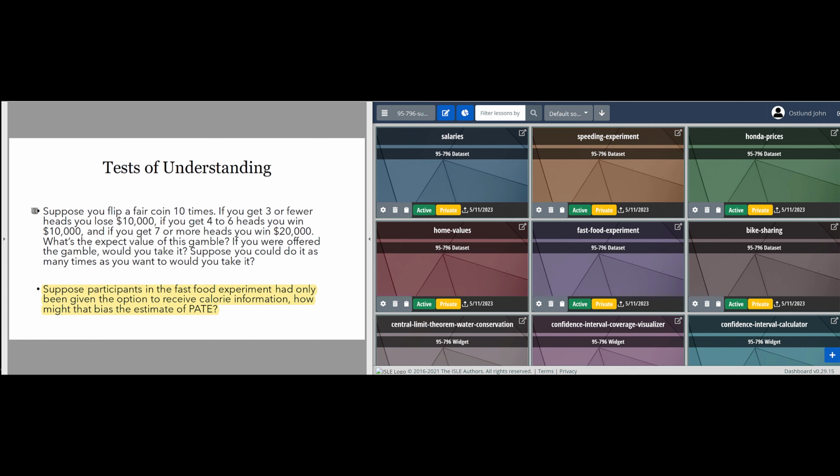All right, well, let's take a look at this test of understanding question here. And this is similar to one that we've done before, but now we know more about how to compute expected values and variances. You have an opportunity to flip a coin 10 times.